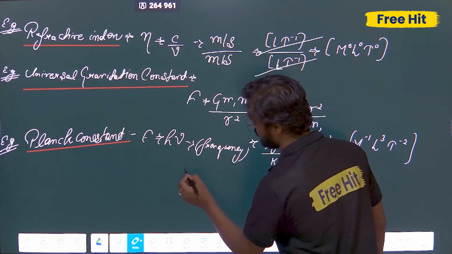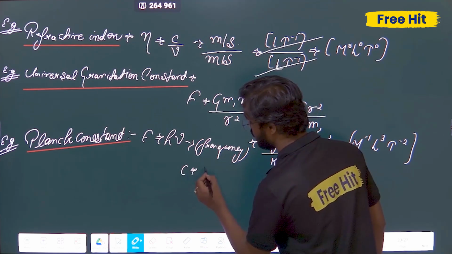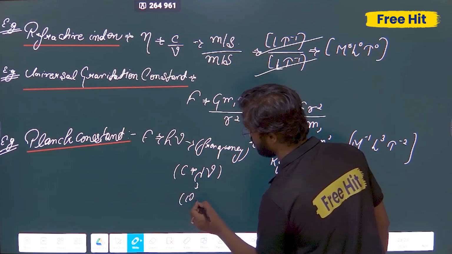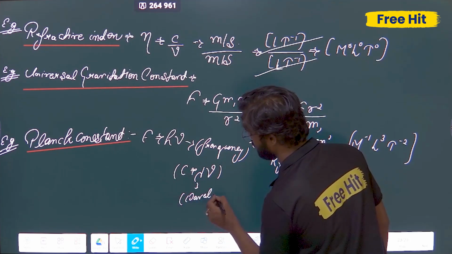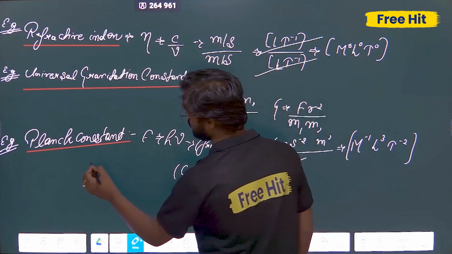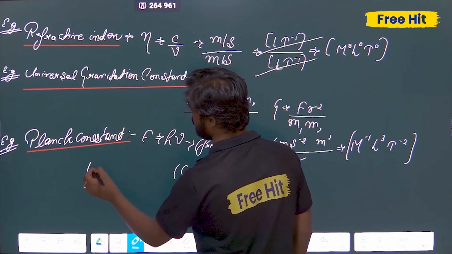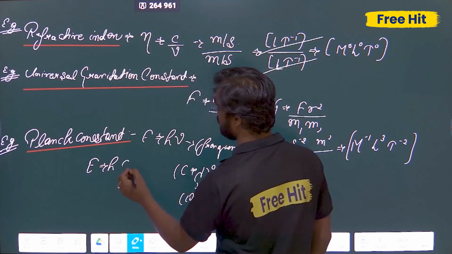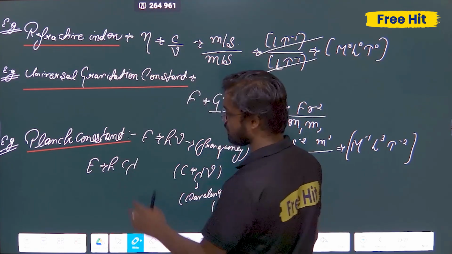And I think you remember C is equal to lambda into mu, where lambda is wavelength. So from here you get energy E is equal to H into C upon wavelength, correct? What is the unit of E?